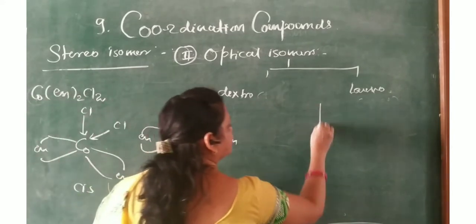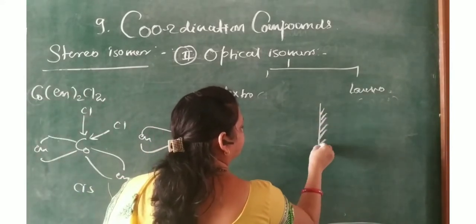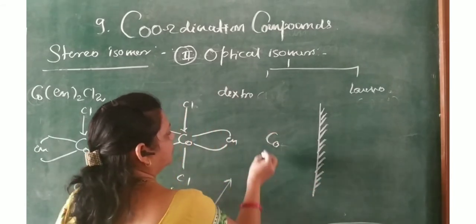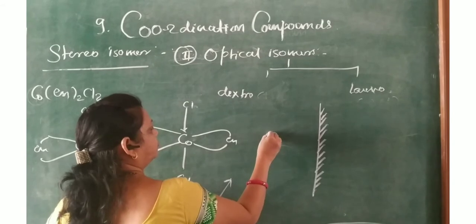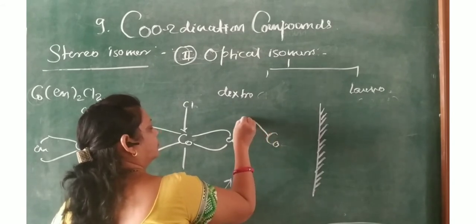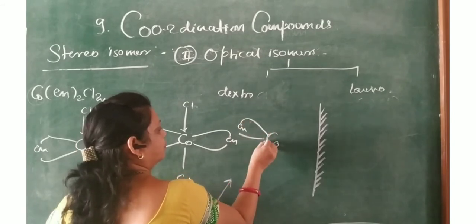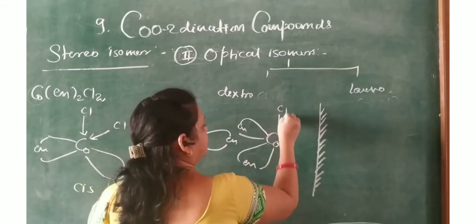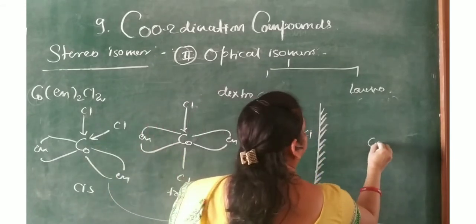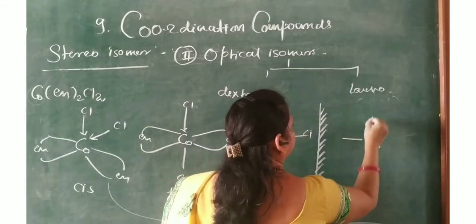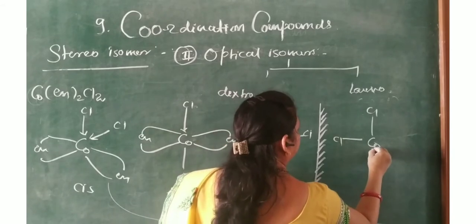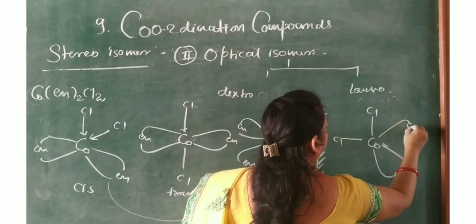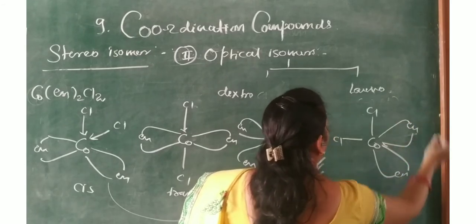Means here, this is the mirror image. Then Co, here en, here also en, Cl and Cl. Here Co, Cl, Cl, here also en, and here again en, ethylene diamine.